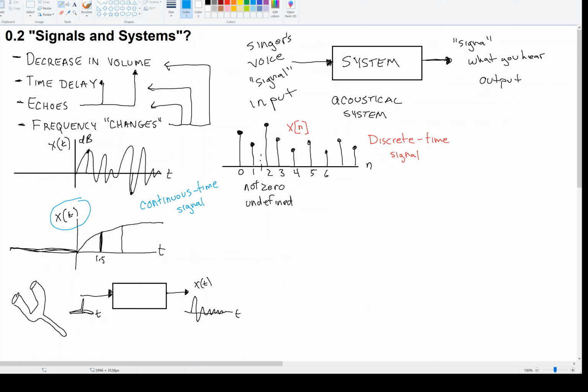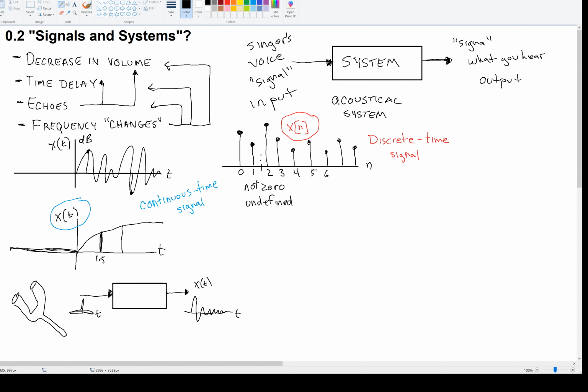The way we set up our notation signifies whether we are dealing with continuous signals, with parentheses and t, or discrete time signals, with square brackets and n. There is that fundamental difference: you cannot plug just any old value into n, but you can plug any old value in for t.